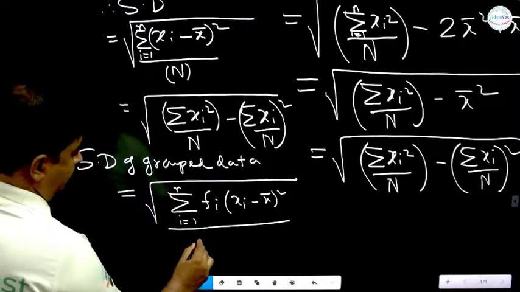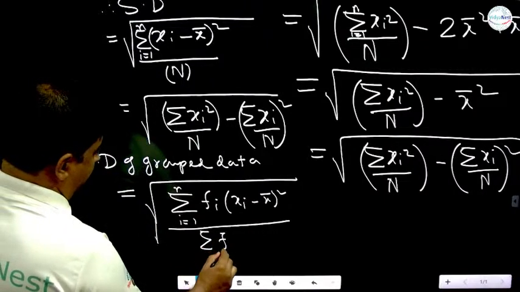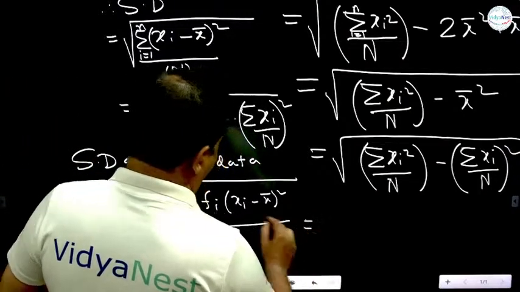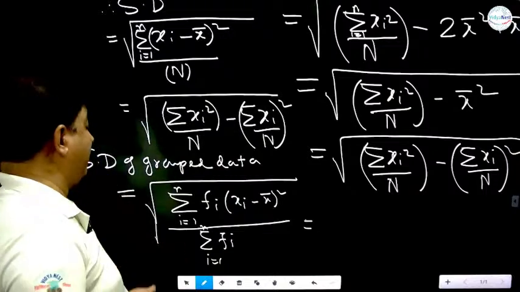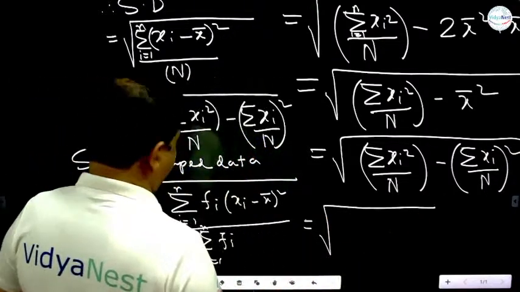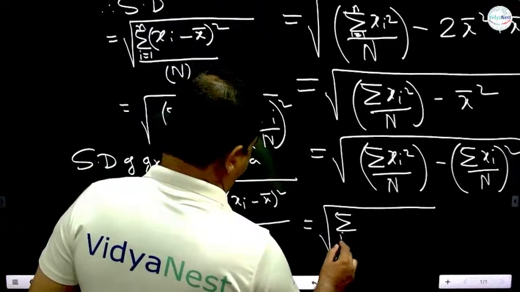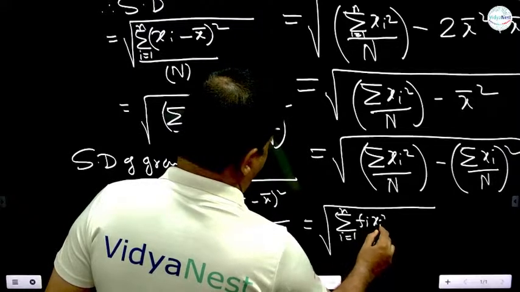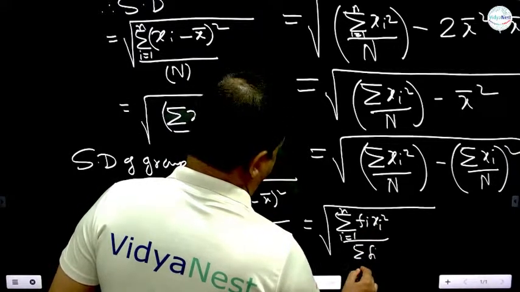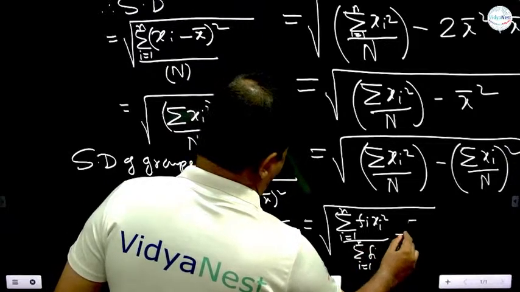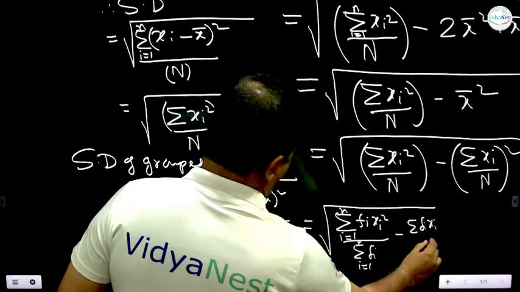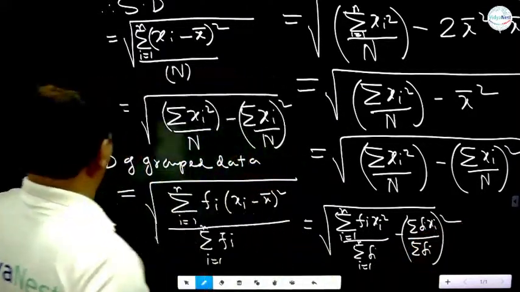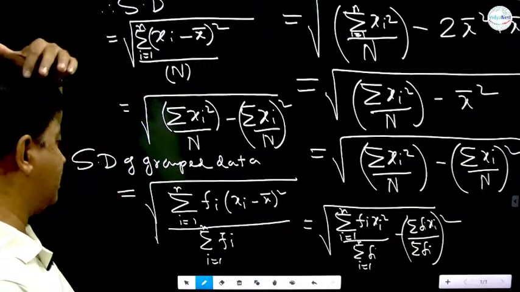Instead of n, you write summation of fi, or this can be simplified to another version. So these are called the formulas of statistics in class 11.